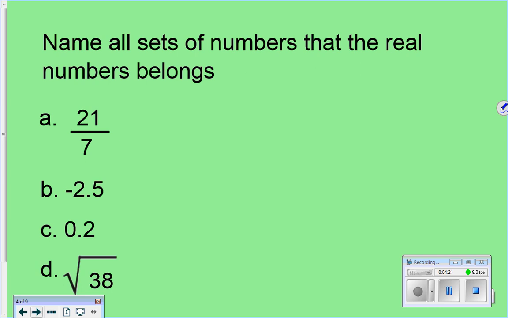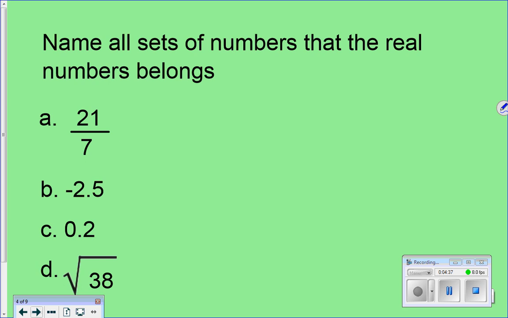Now, if I look at this 21 over 7, what is that? It's 3. It's a fraction, but it's tricky because 21 divided by 7 is 3. Now you figure out how many different areas that 3 belongs to.